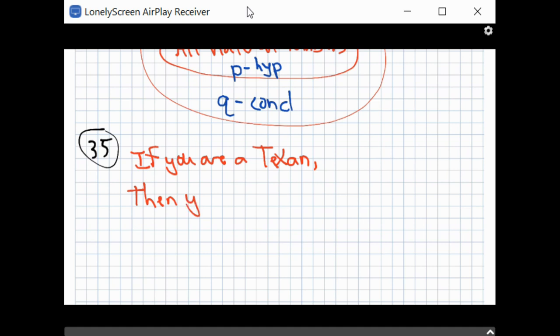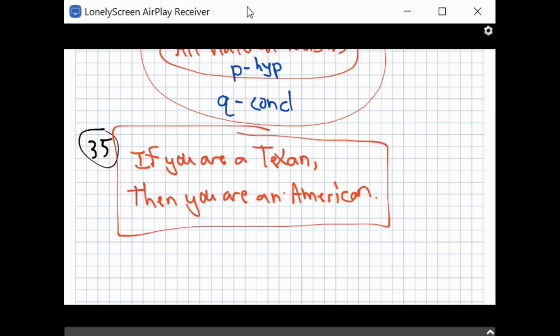Then you are an American. It doesn't say whether to find out if that's true or not. This one is, in fact, true. And so we're good.